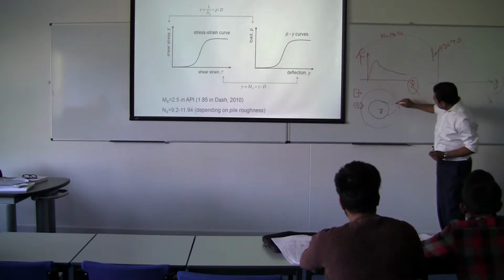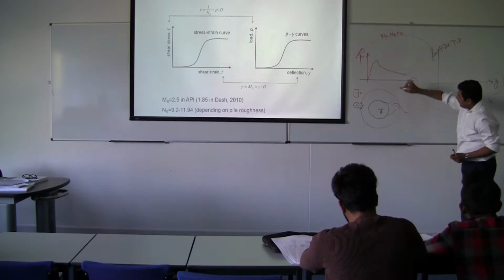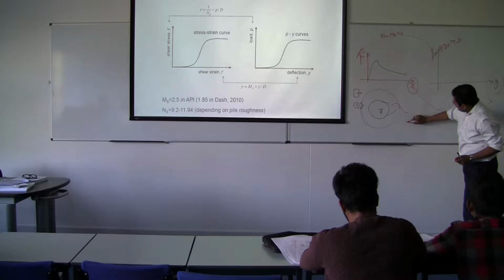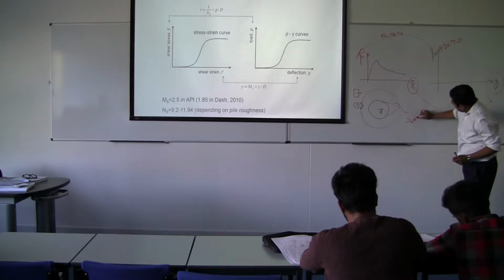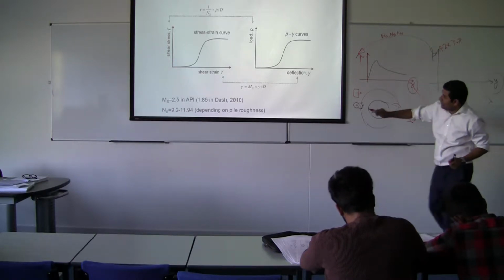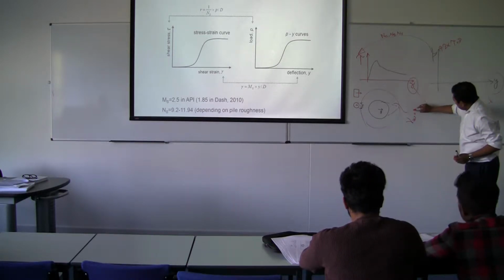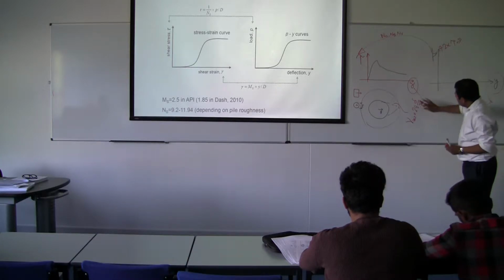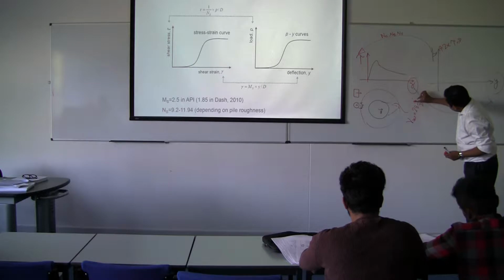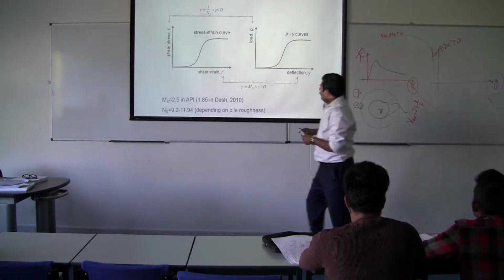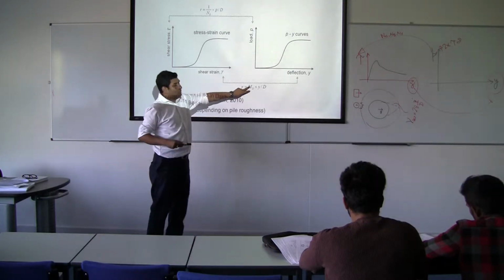So if you want to find out the average strain around it, which is gamma average, it will be given by around 2.8 delta by diameter, right? So this is Y by diameter, and based on that we can work out this MS value.